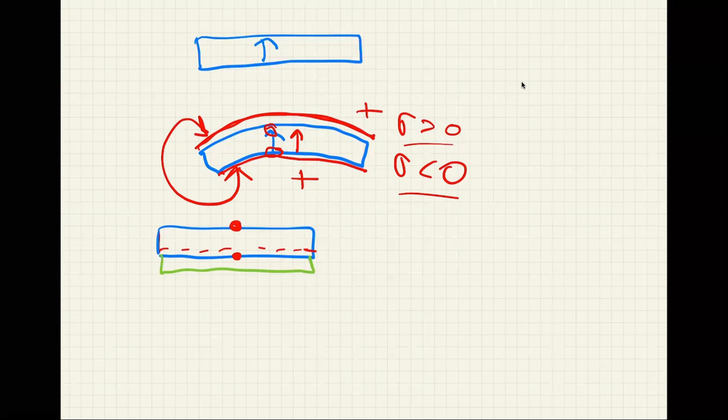And then you will get some net charge. This is called a unimorph.